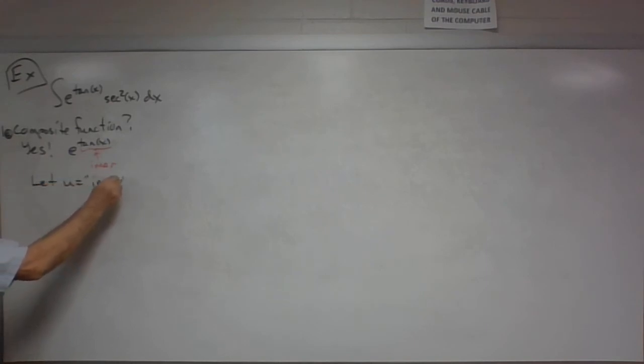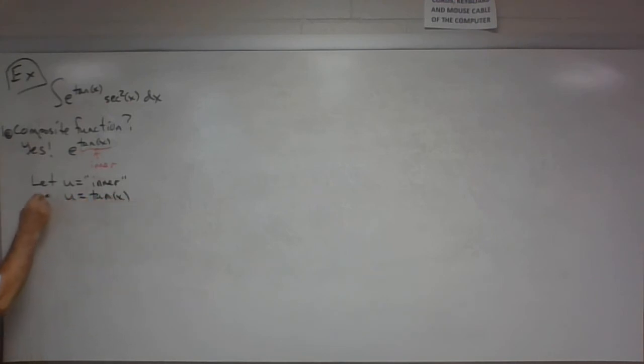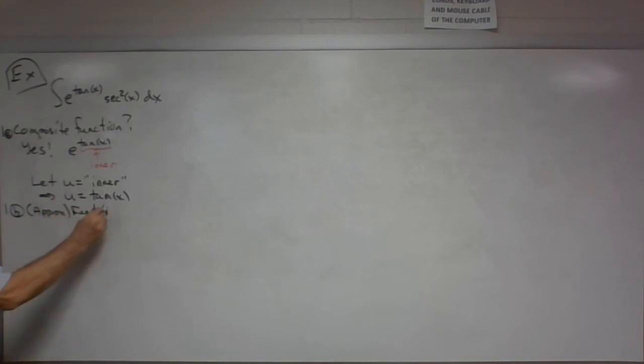Our rule of thumb is to let u equal the inner. So it looks like u is going to be tangent x. Let's look at our second criterion. Do we have an approximate function derivative pair?